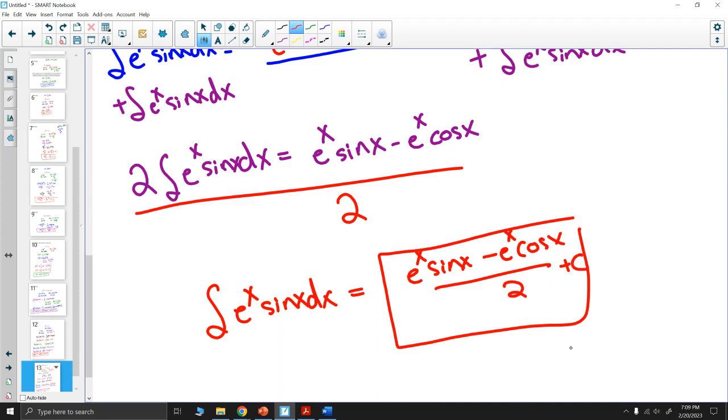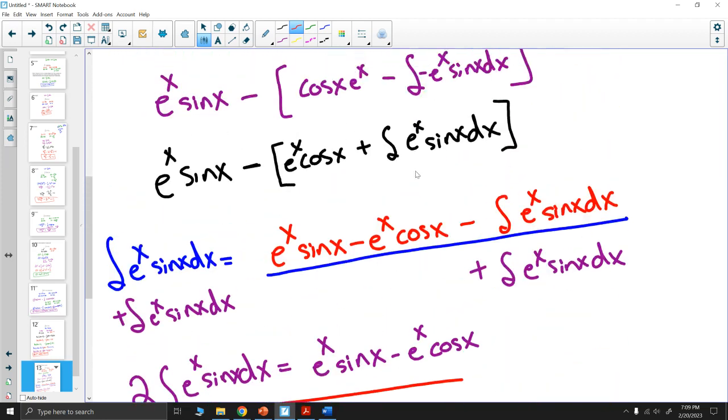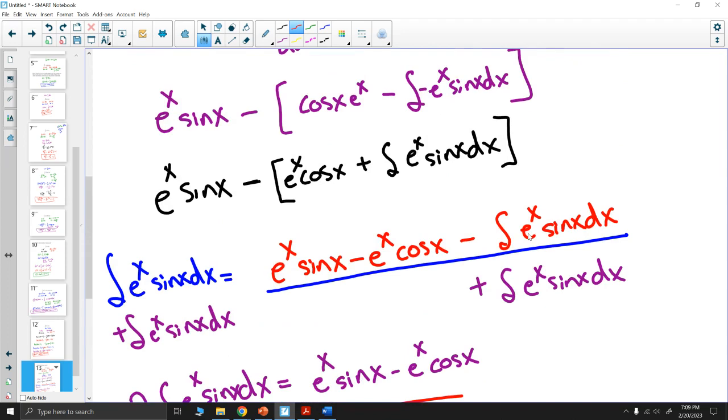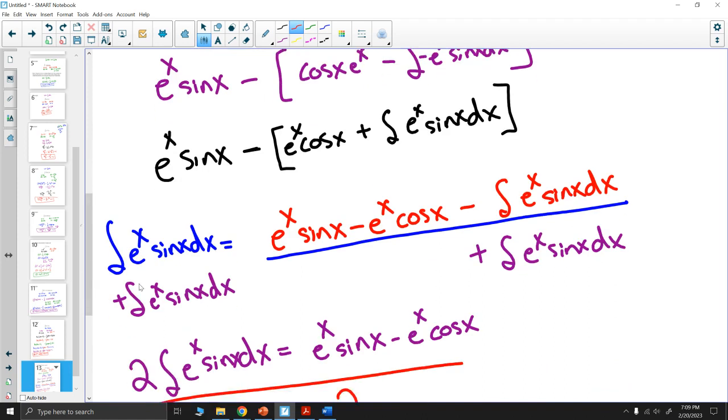Can't forget that one. Easy to forget at this stage, but again, I'll just make some more room for it. There we go. So again, sometimes if we see a pattern, like if we ever come back to something we already started with, well, that's actually kind of beneficial for us. We just do a bit of algebra.